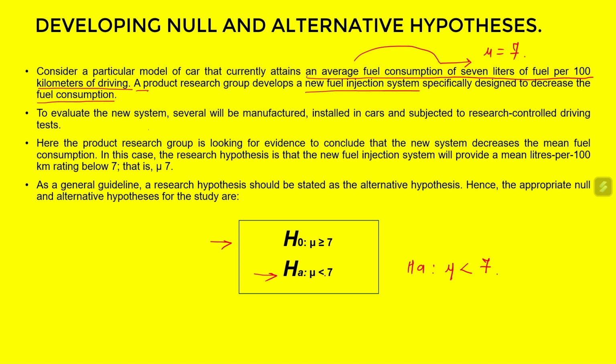Okay, so either you get the null hypothesis formed first or you get the alternative first. In this scenario we got the alternative hypothesis formed first. Now in this case the opposite of this alternative hypothesis is going to be mu greater than or equal to 7, the opposite case of this.